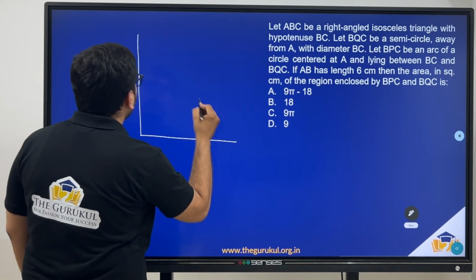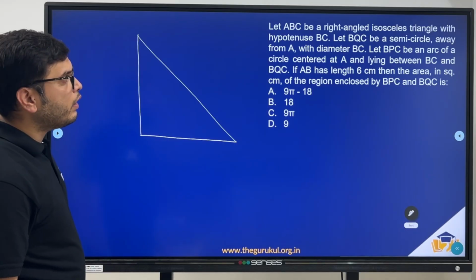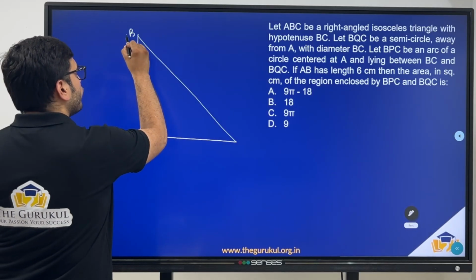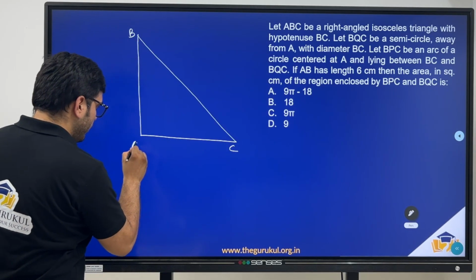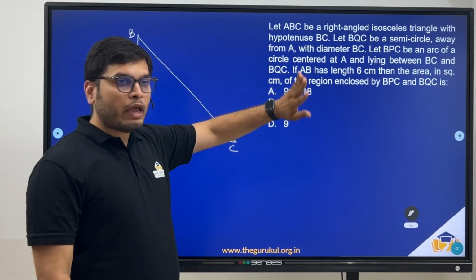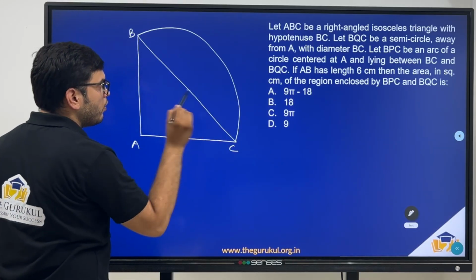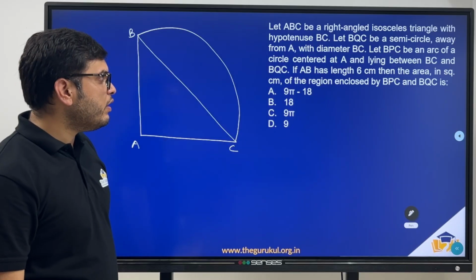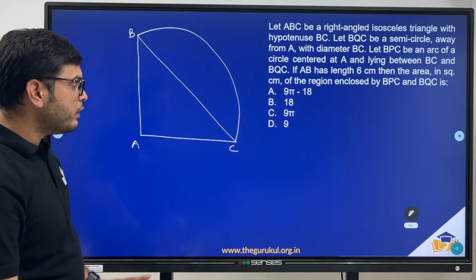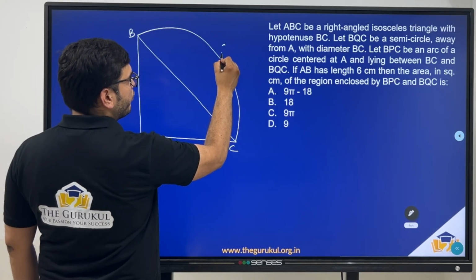So we have an isosceles right angle triangle, BC being the hypotenuse. So right angle at A. So BQC is a semicircle away from A with diameter BC. Right. So we have a semicircle. Let BPC be an arc of a circle centered at A, lying between BC and BQC.